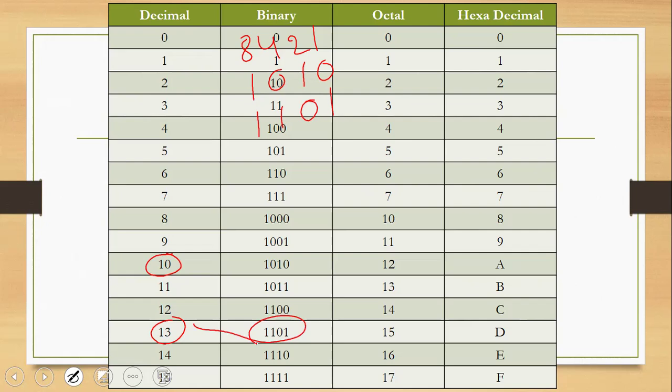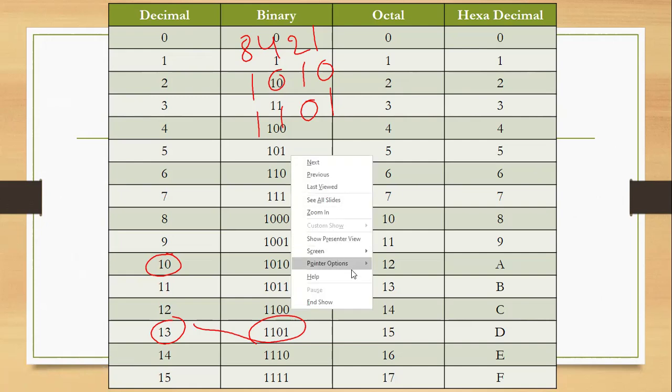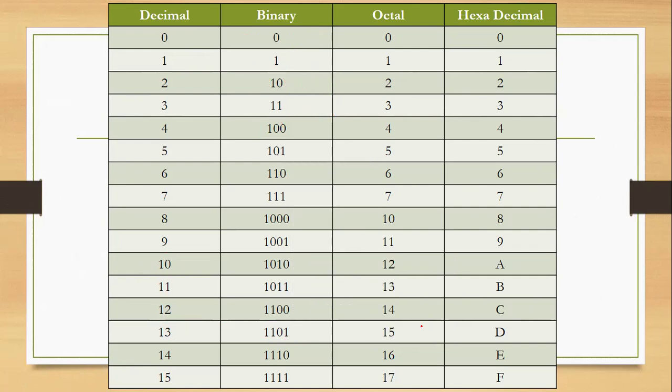Once you get habituated, obviously you will remember all these values, there is no doubt. In the initial stages, this is very important for understanding or writing simple binary number representations in terms of decimal or hexadecimal. I hope the table is clear. You need to remember from 0 to 15. That's it for binary and hexadecimal.